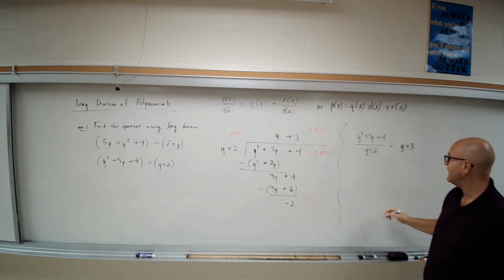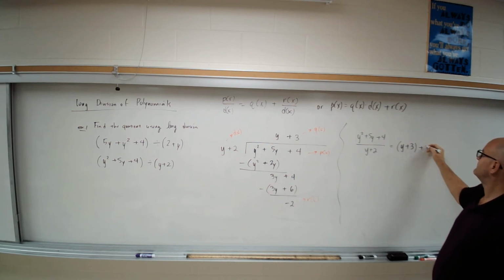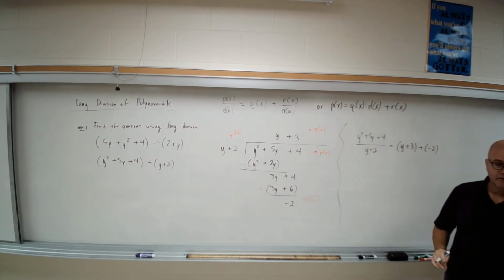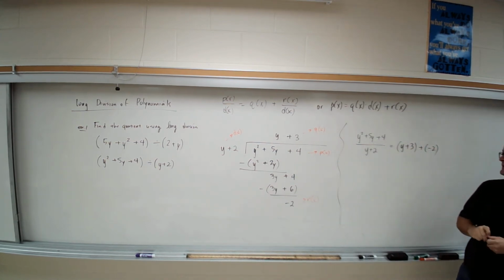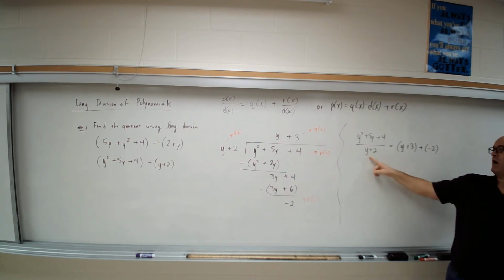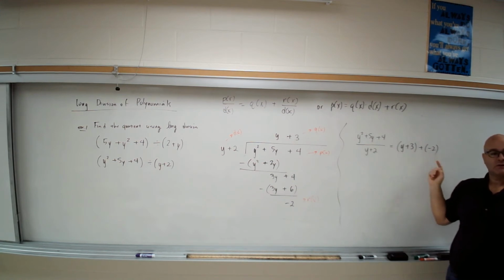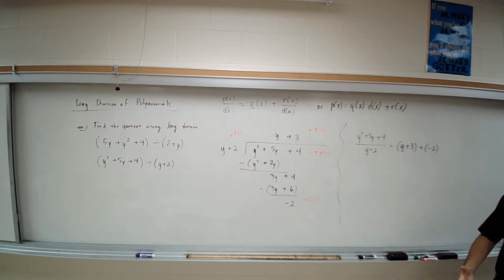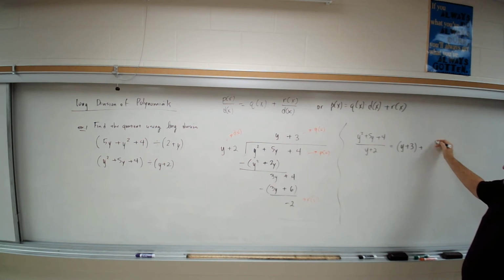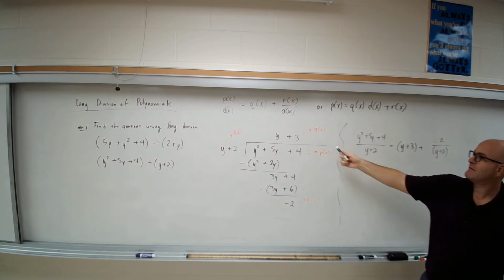The remainder will be plus negative 2. So this is our quotient. So y plus 2 goes into this polynomial y plus 3 times with 2 left over, which doesn't help us factor at all because it says plus, and we can't do that. But if you did, sorry, that's going to be negative 2 over y plus 2. I forgot the divisor there.